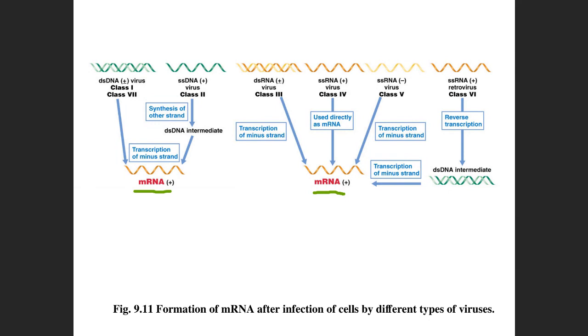The mRNA is the plus strand, and then you need a minus strand in order to do the transcription. So if you look at the double-stranded RNA virus, that's straightforward, and you need to transcribe the minus strand. If you have a minus RNA, that needs to be transcribed. But if you have a single-stranded plus strand, that's already mRNA, and that's directly used as the mRNA.